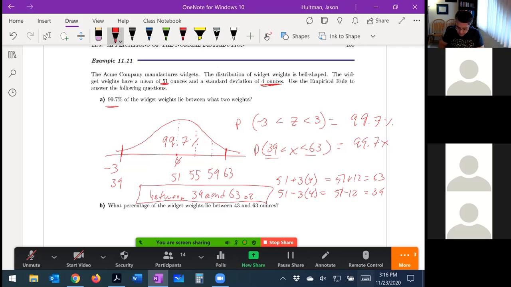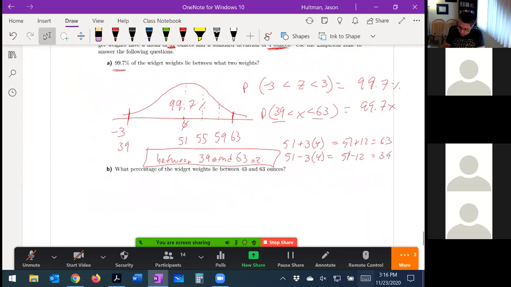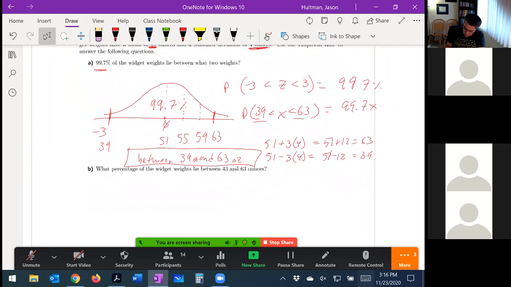Okay. Part B, what percentage of the widgets lies between 43 and 63? So again, using the empirical rule, let's keep going here. This was 51, 55.